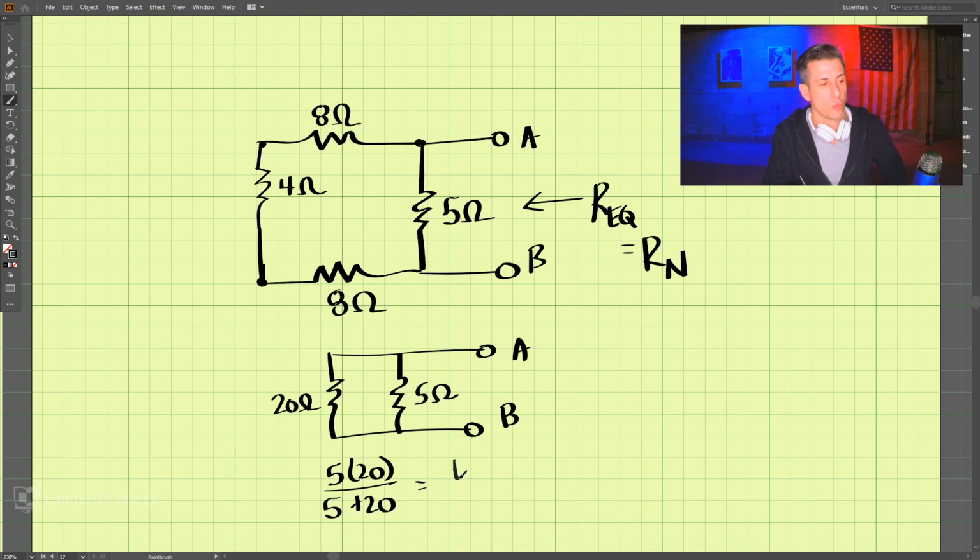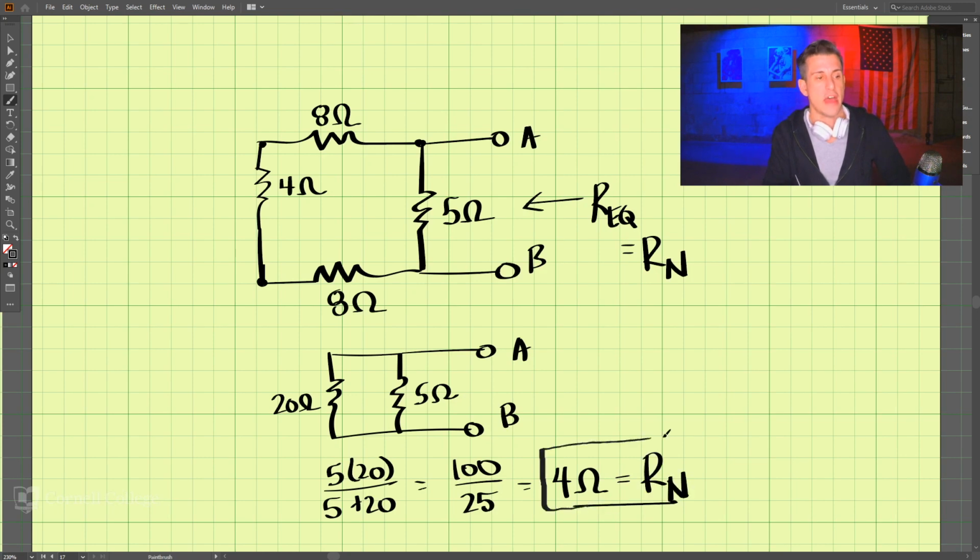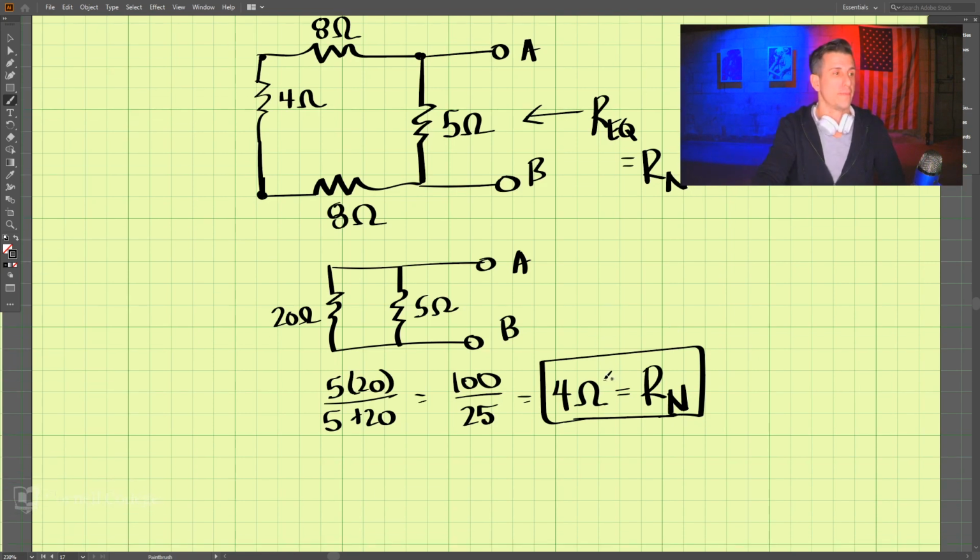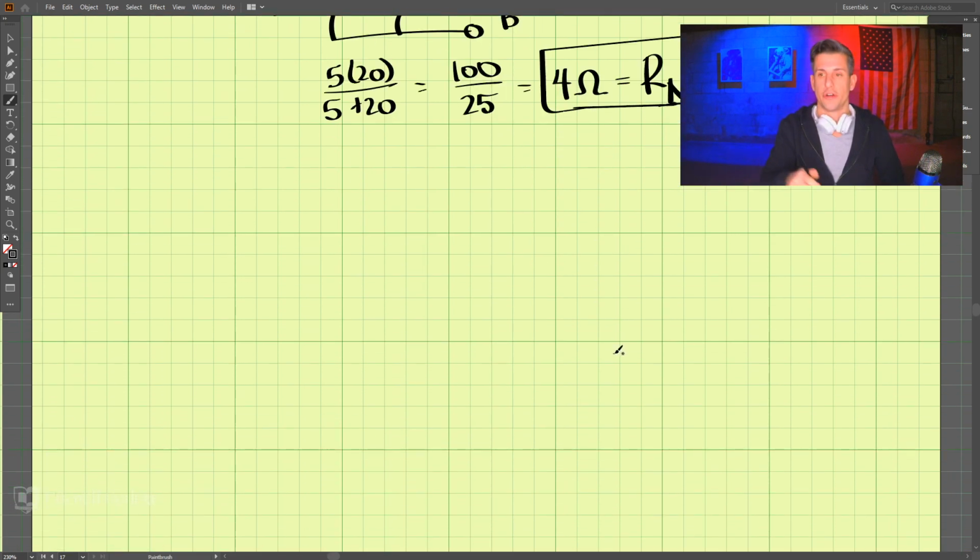That is 100 divided by 25, which comes out to be 4 ohms. That is the Norton resistance. We found that piece of the puzzle, and now we need to look at the short circuit current.